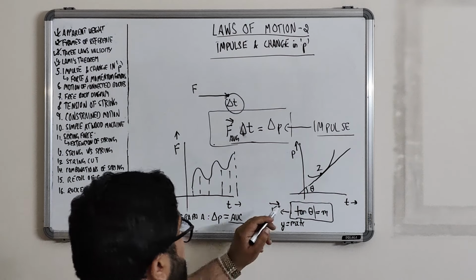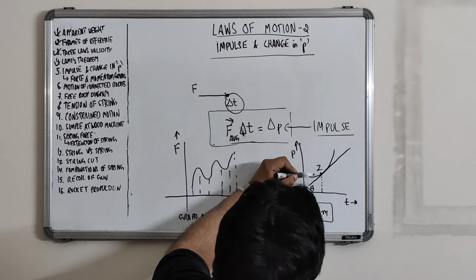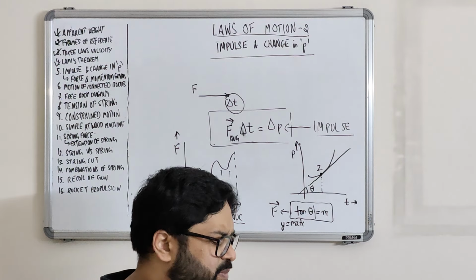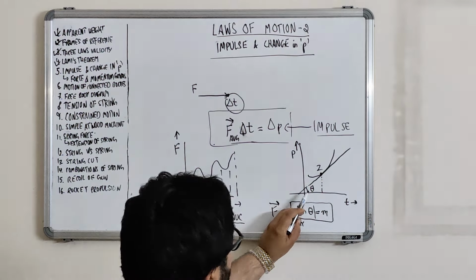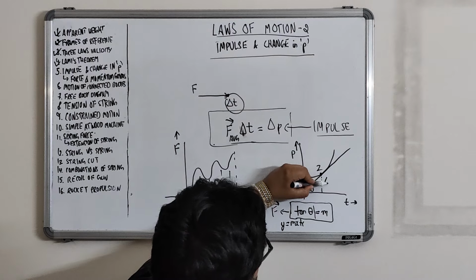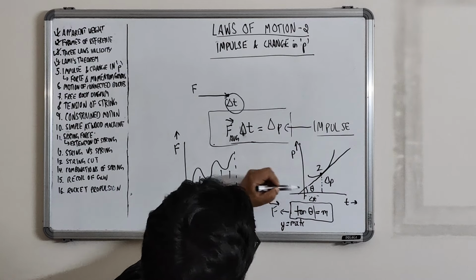Okay, why? Tan theta is what? Tan theta is perpendicular by base. So theta is this. What is the perpendicular? Perpendicular is the change in momentum, and base is change in time.